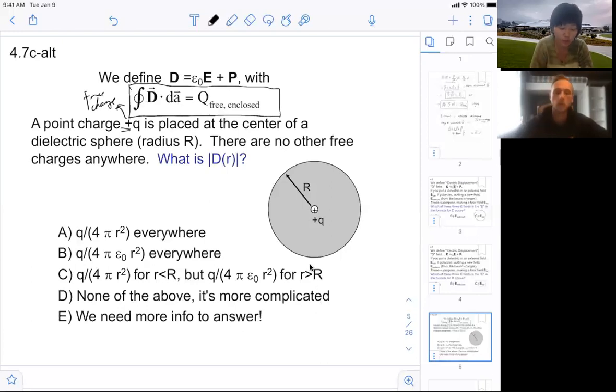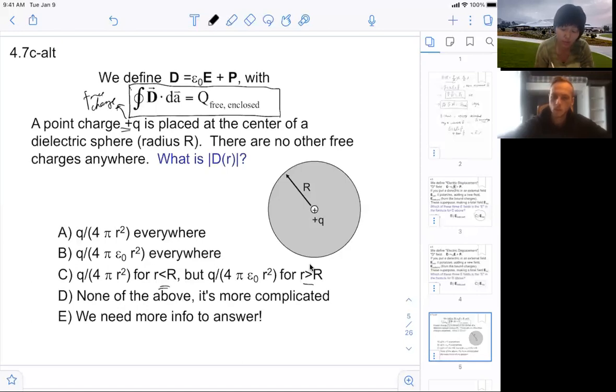Quite split between choice A and C. It might be reasonable to argue, well, inside the material or outside the material, perhaps it should make a difference, right? The E field does. We know that when you have a conductor or dielectric material, we always calculate E inside versus outside. So perhaps the inside and outside should make a distinction.